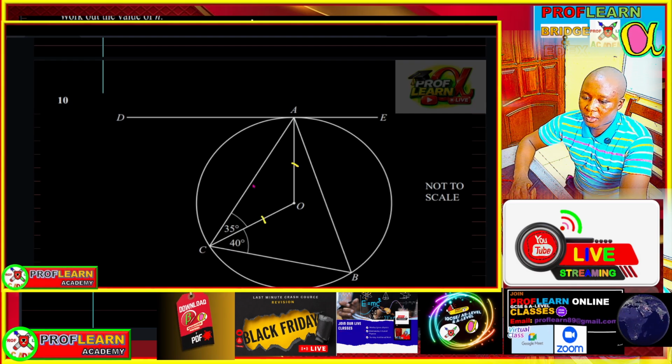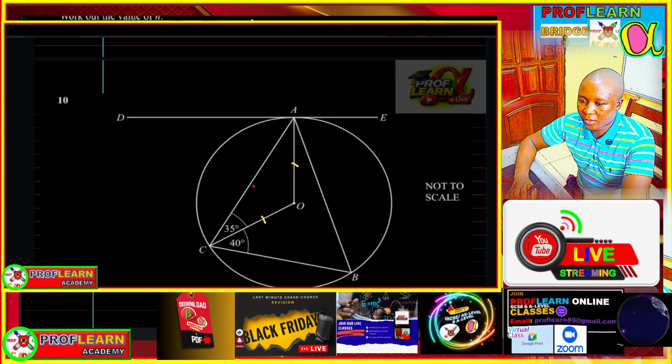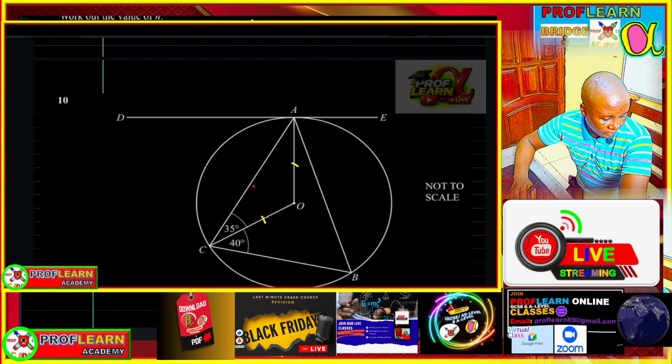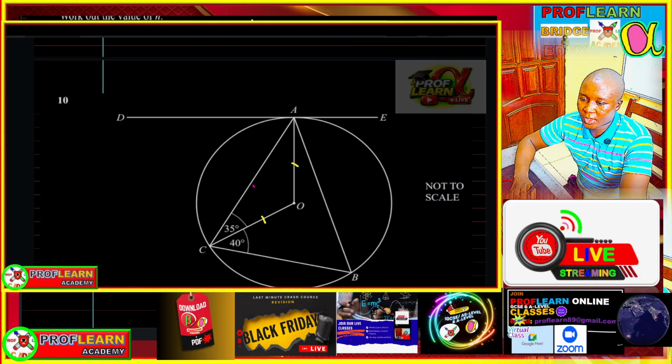Moving to question 10. Question 10 was testing on circle theorem. So CO and AO represent the radius of this particular circle. Then you need to remember that CAO is going to become an isosceles triangle.